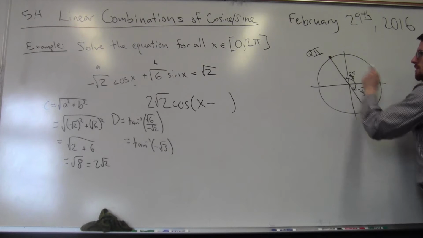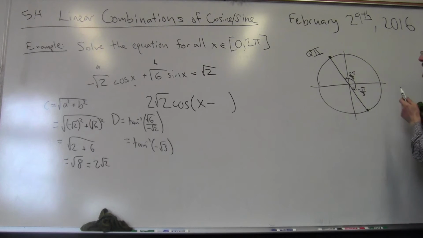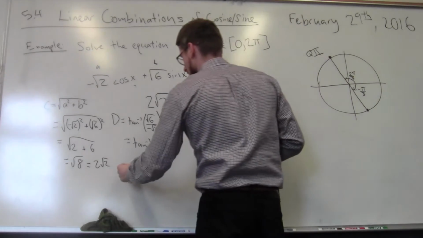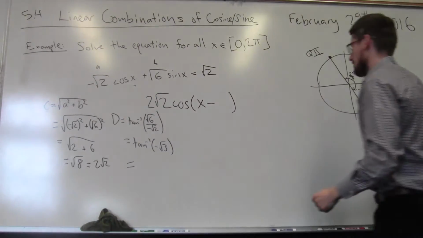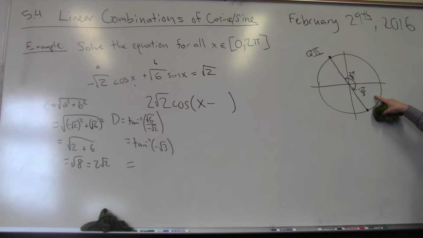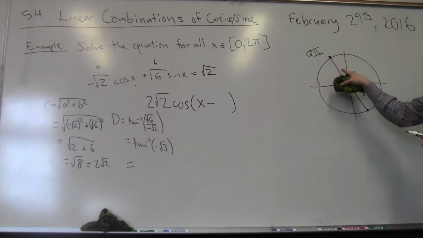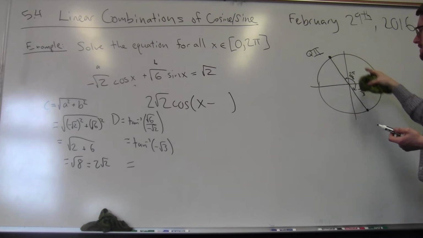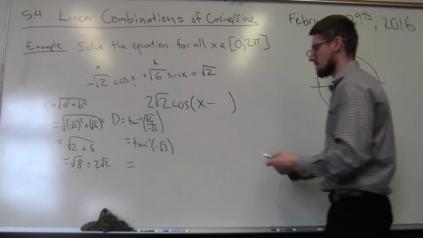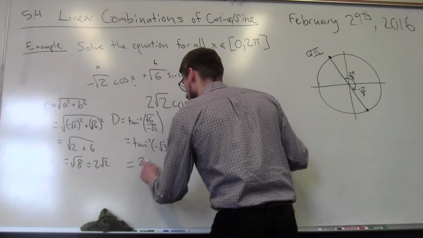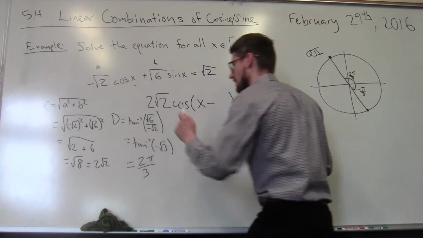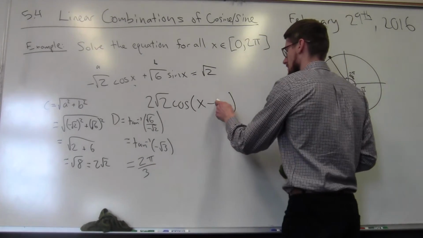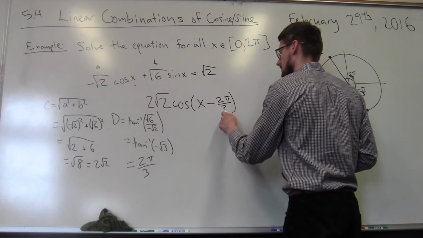So that means that D is in quadrant 2. So this angle is not the negative pi over 3 one, which is the one your calculator would give you, but instead the one that's pi past negative pi over 3, which is 2/3 of pi. So D is equal to 2 pi over 3.